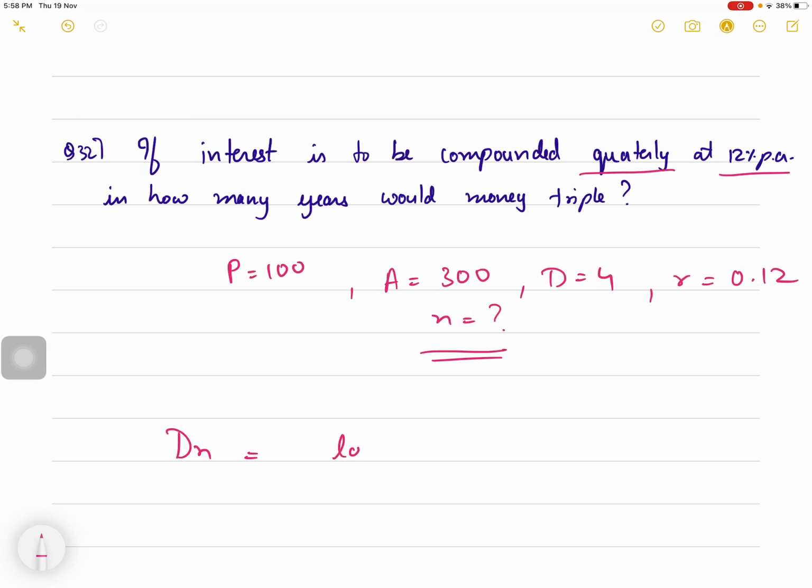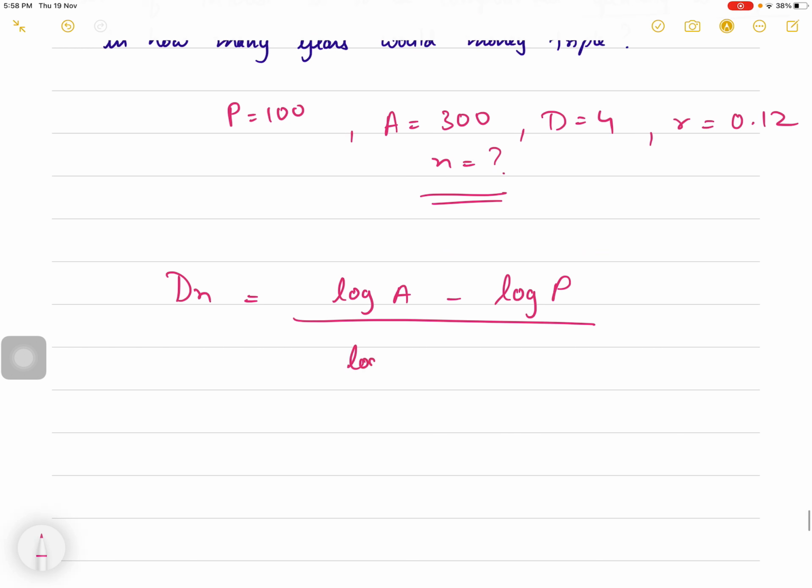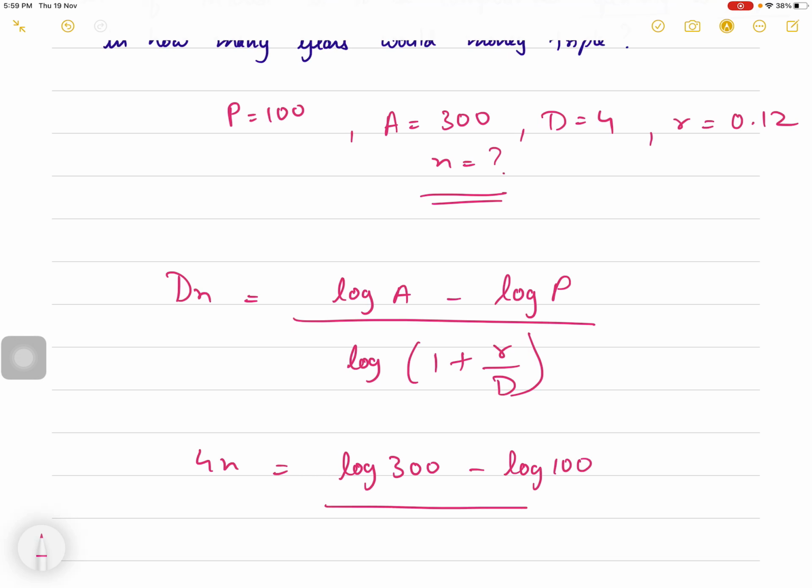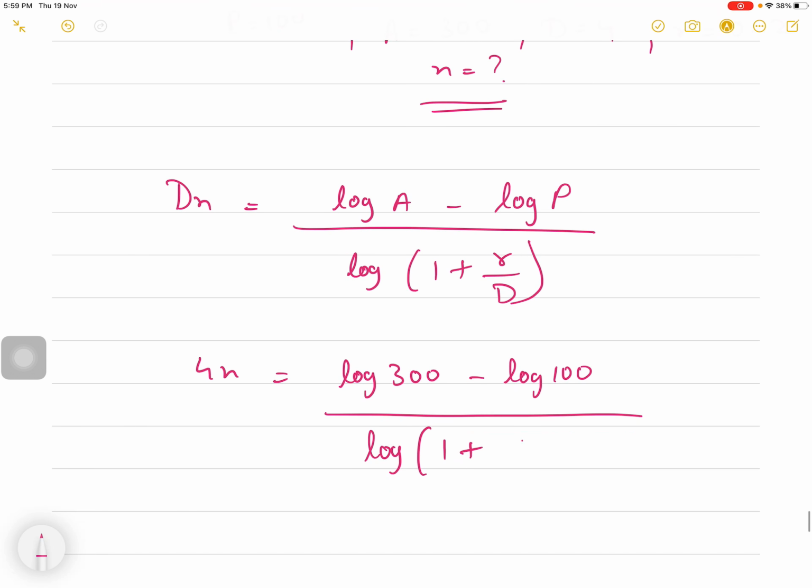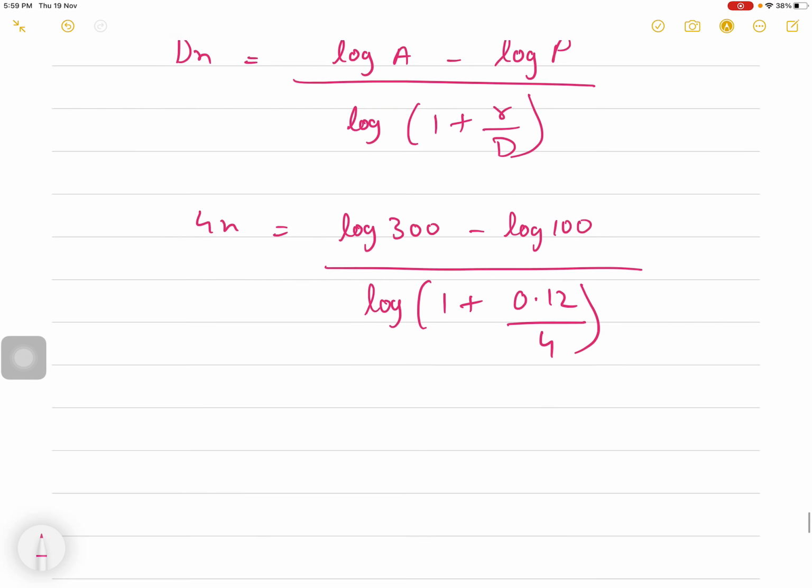Dn is equal to log A minus log P divided by log 1 plus R by D. So 4n is equal to log 300 minus log 100 divided by log 1 plus R, R is 0.12 upon 4.